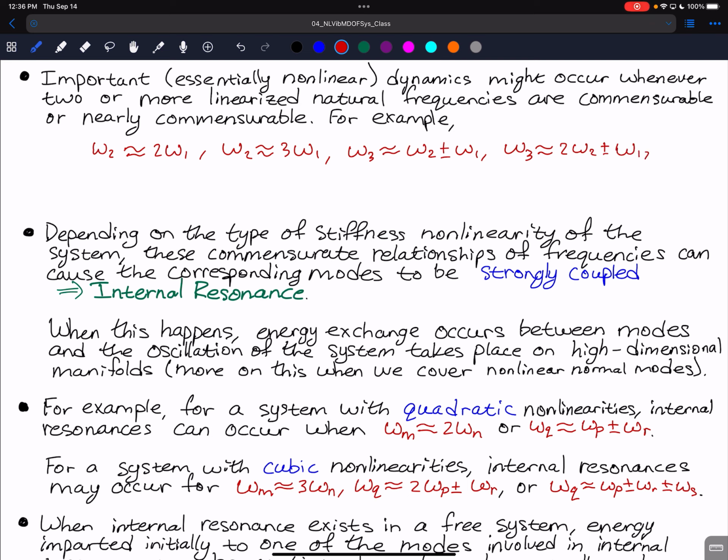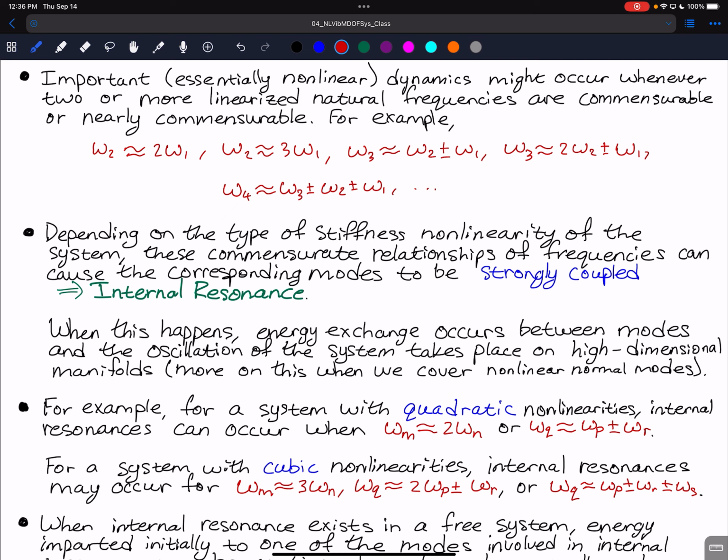You could even take it a step further and say that omega 4 is approximately equal to omega 3 plus or minus omega 2 plus or minus omega 1, and so on. You can continue to construct these types of combinations. The key thing is that they should be related by an integer ratio approximately.